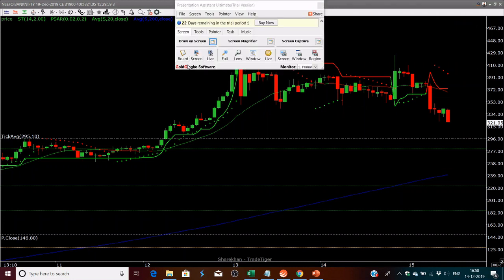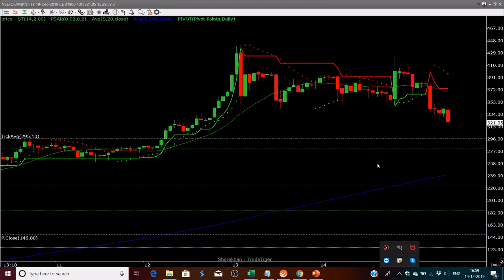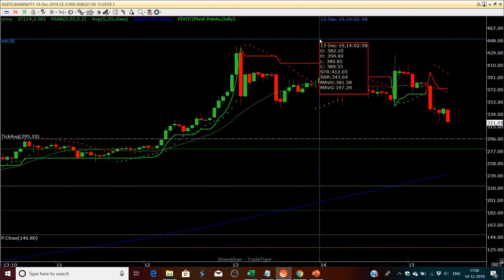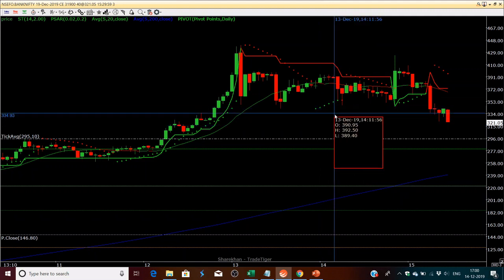Okay, here you can see in this kind of a market stop losses are hit often, so always have out of the range stop losses below this.